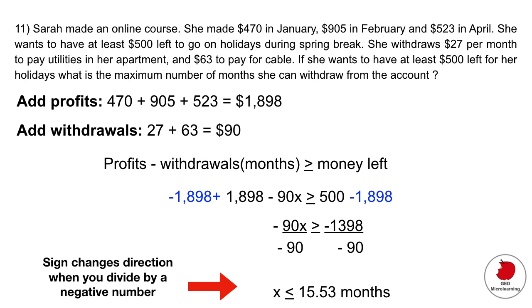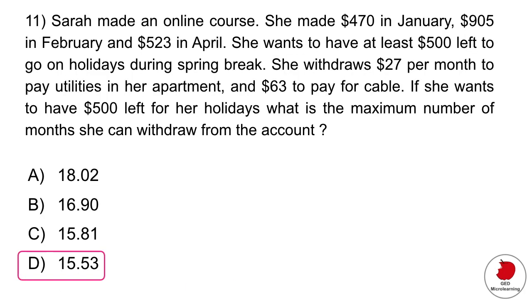So don't forget that, because it can trip you up. All right, so basically she can live on these profits for 15 months and 53 days and still have $500 left for her holidays. So the correct answer would be answer D.